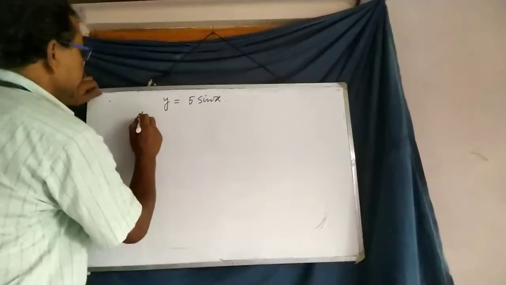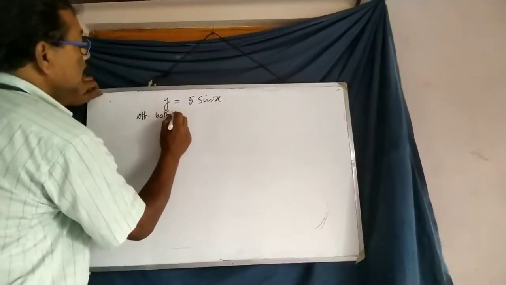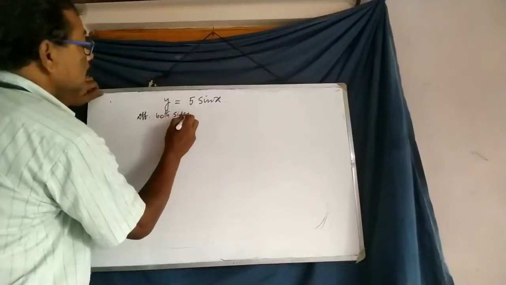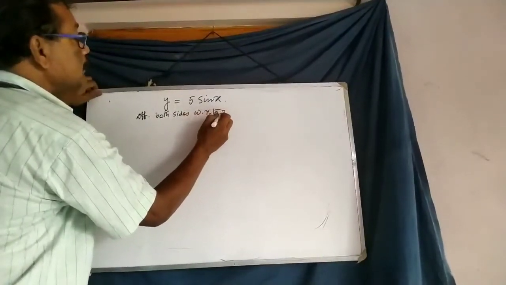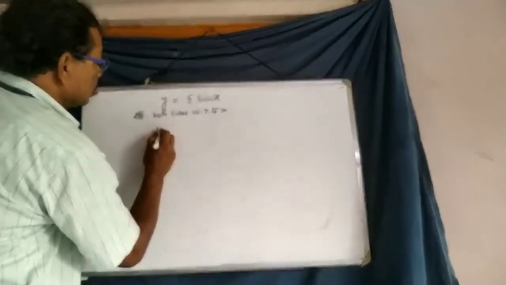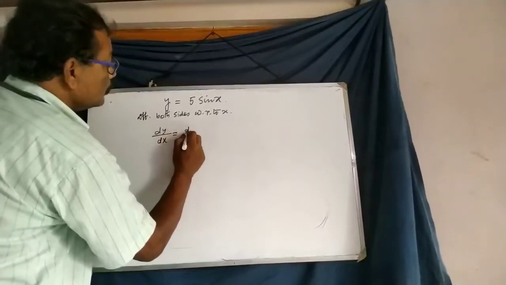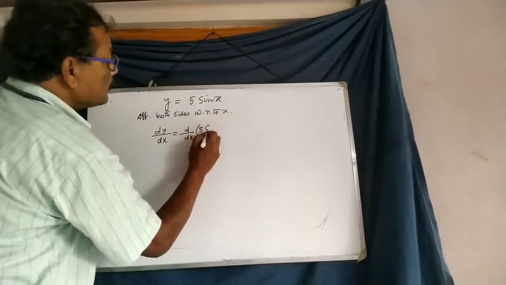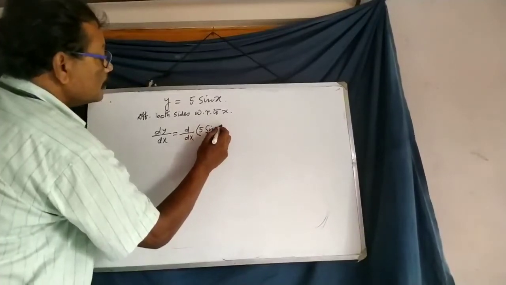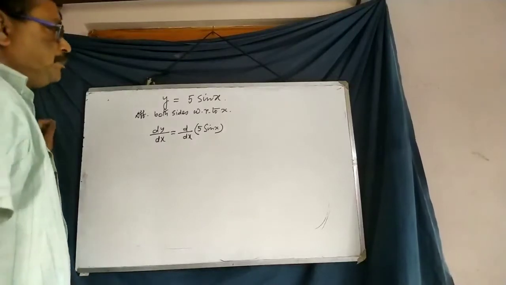Now differentiating both sides with respect to x, we get dy/dx is equal to d/dx of 5 sin x.